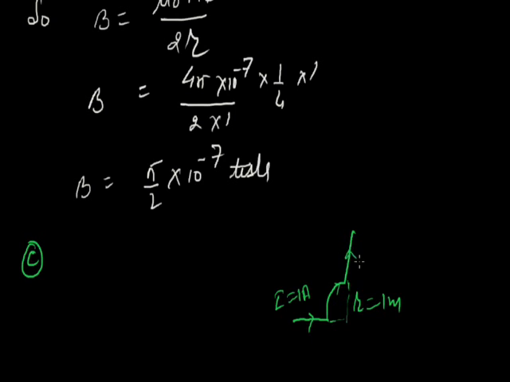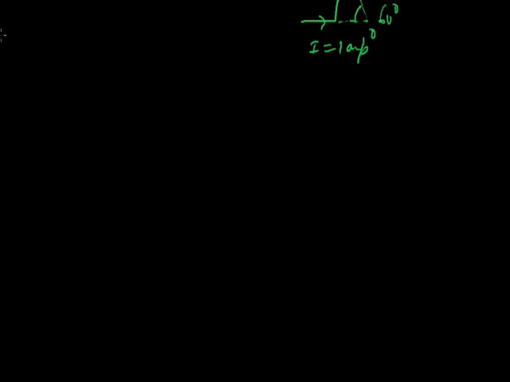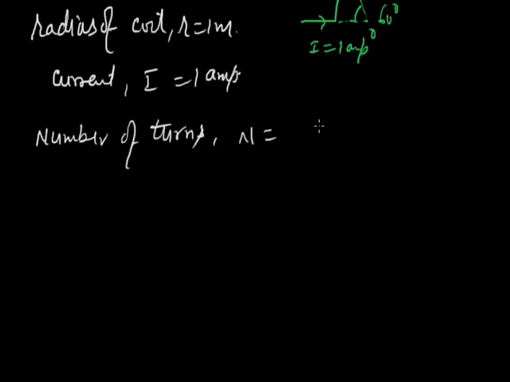Current is flowing in this direction, with angle 60 degrees. The radius of the coil R is 1 meter and number of turns N is 60 divided by 360, that's 1 by 6.